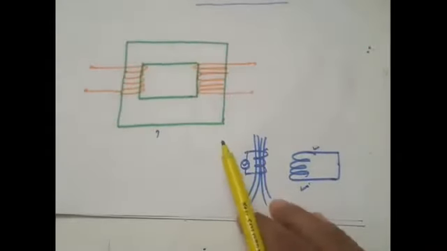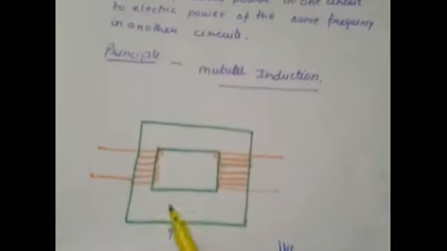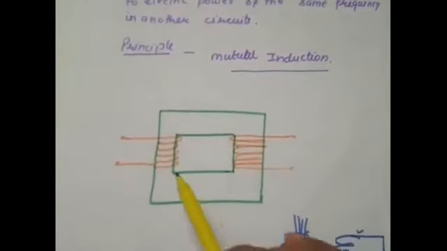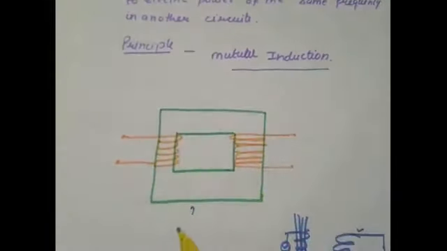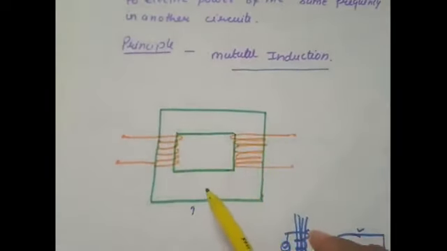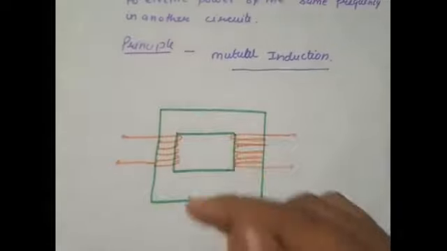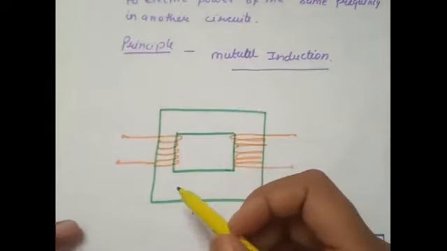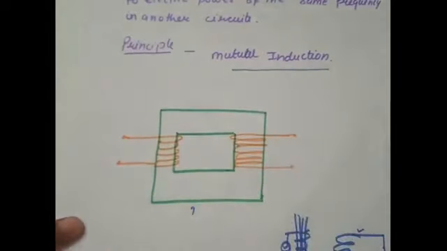That is why we are using iron, or you can say steel, because steel gets permanently magnetized. So it will help us here that the sheets of steel have insulating material between them. So we have a number of sheets like the pages in a notebook.